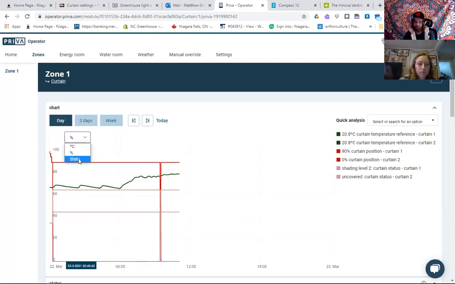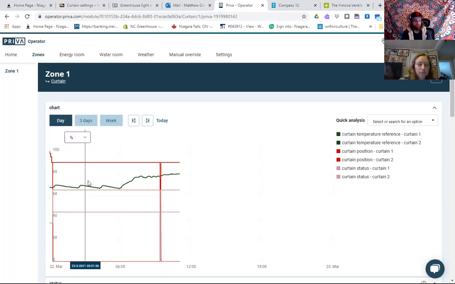Or you can have a look at the state of the curtains as well. The state's usually open or closed, and in the digital world, that is usually determined by a number, whether that's a 0 or a 1. We have different numbers to define different positions that the vents might be in because of manual override or something like that.